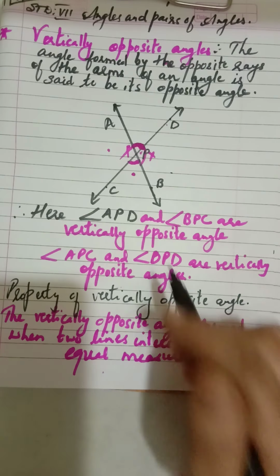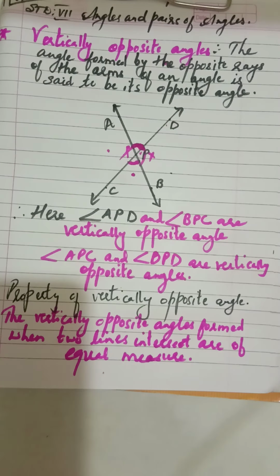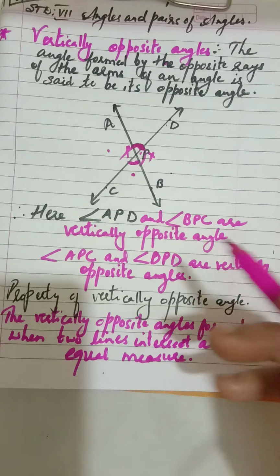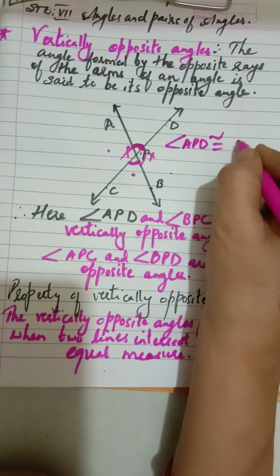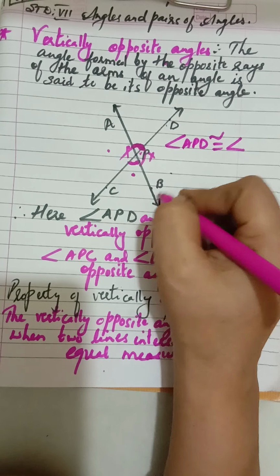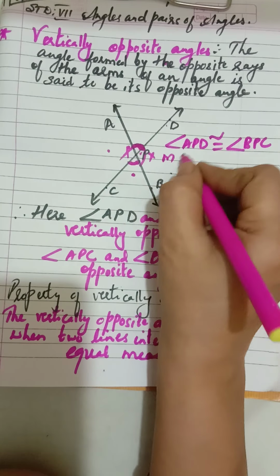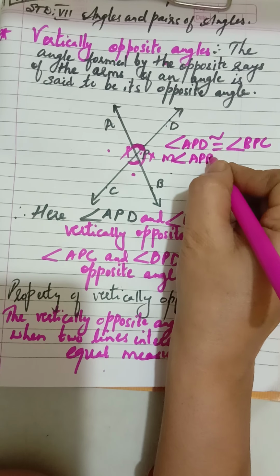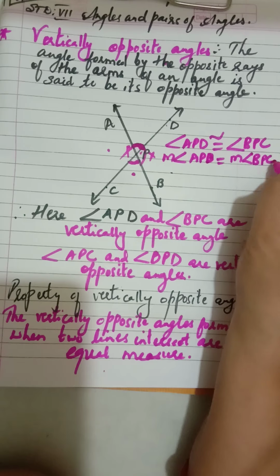Congruent means equal. So here see children, I am writing over here that angle APD will be congruent to angle CPB or BPC. That means measure of angle APD will be equal to measure of angle BPC.